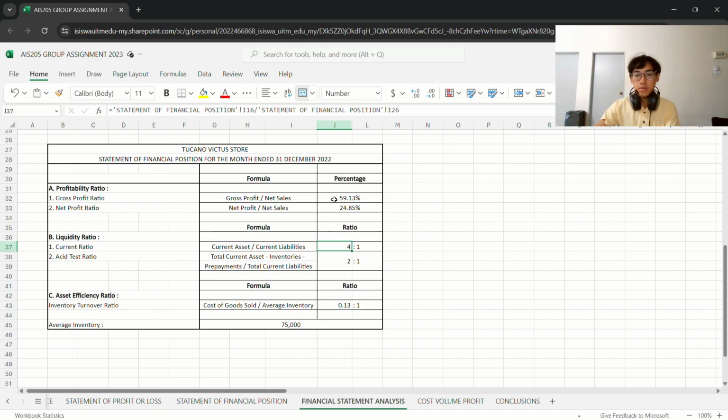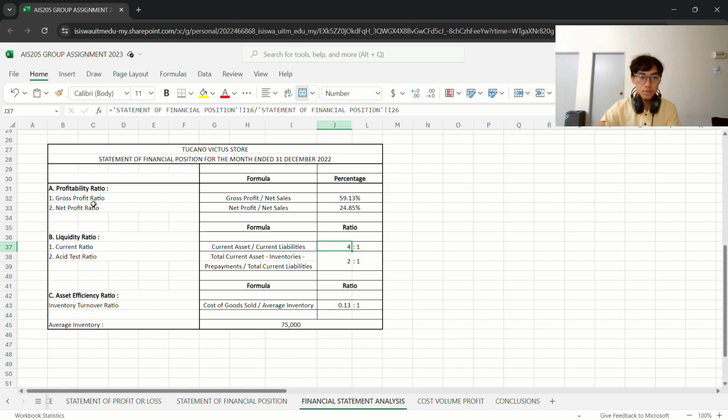So the last statement here, we are using ratio analysis. In ratio analysis, we got profitability ratio, liquidity ratio, and asset efficiency ratio. So let's take a look at our statement of financial position for the month ended 31 December 2022.